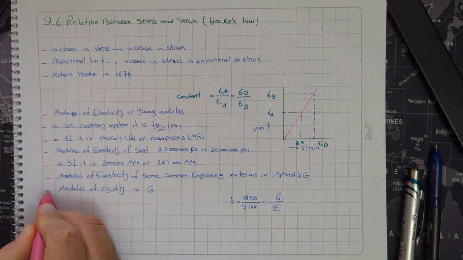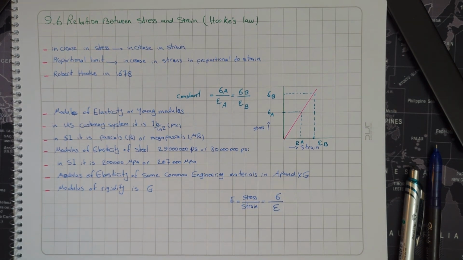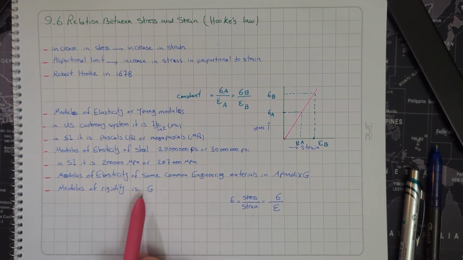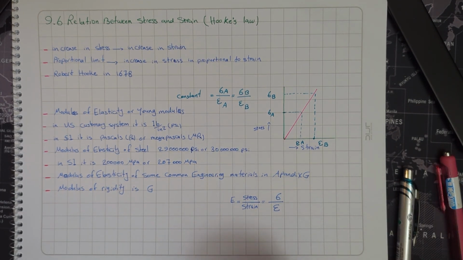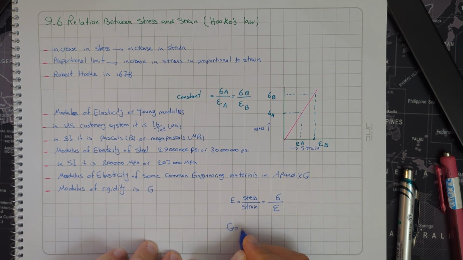And we have another calculation that we can make. It is called modulus of rigidity, which is called G. Modulus of rigidity is calculated by this formula, which is pretty easy.